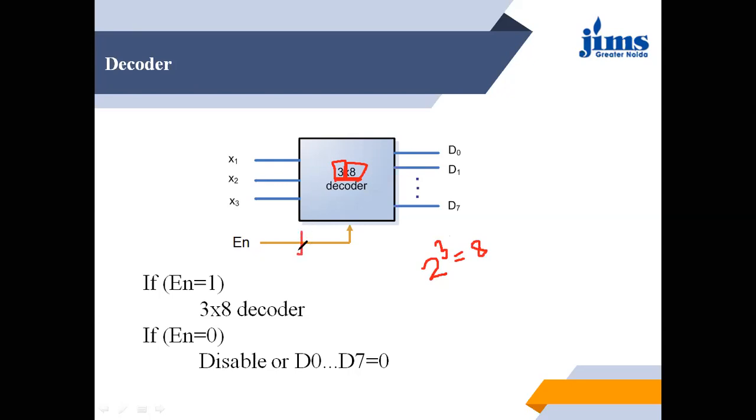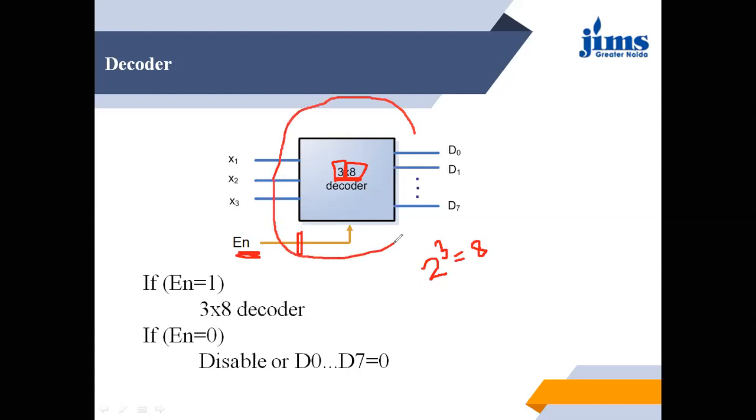There is one signal that is called enable line. This enable line decides whether this circuit, this decoder, should work or not.